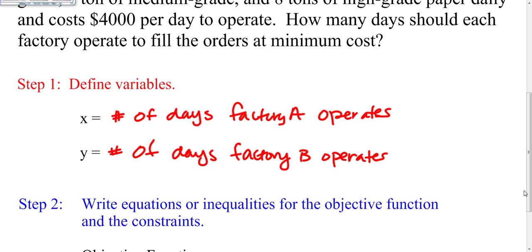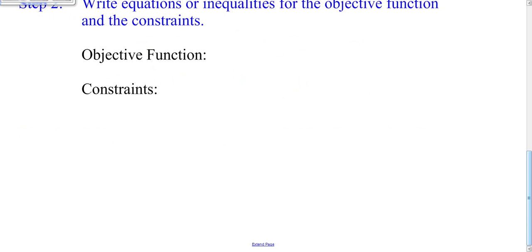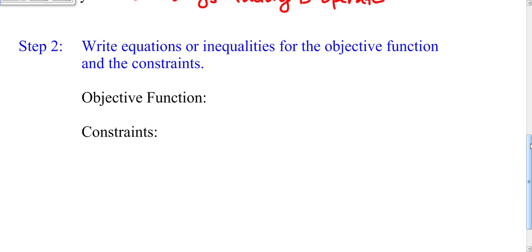All right, what we are trying to do here is minimize the cost. Sometimes you're trying to maximize something. If you're trying to make the most amount of money, then you want the max. In this case, I'm trying to minimize the cost.